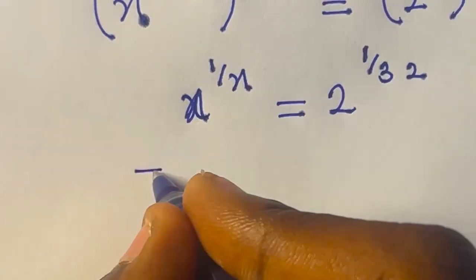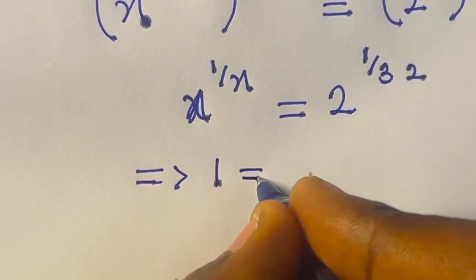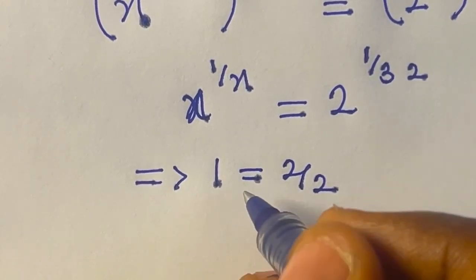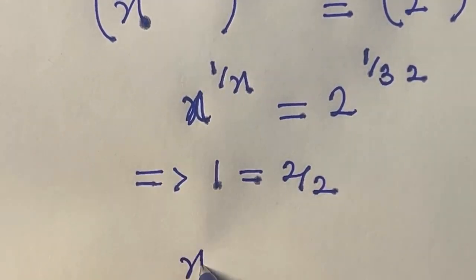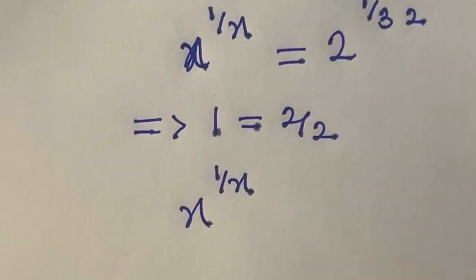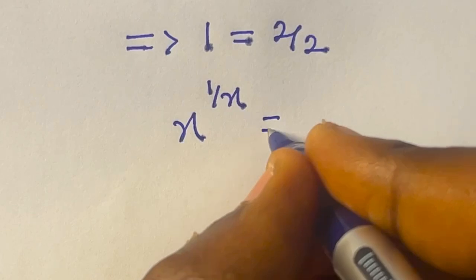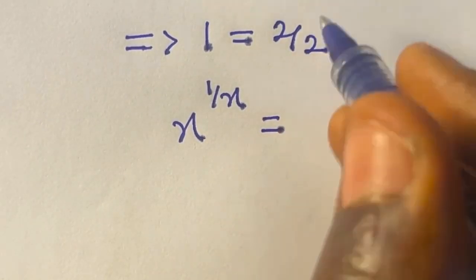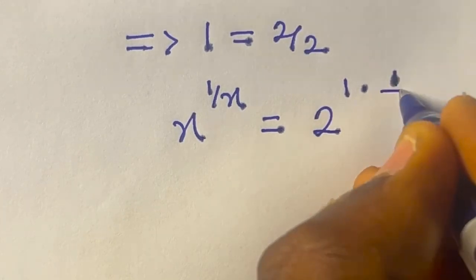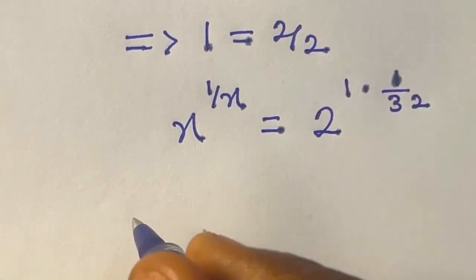But there's something you should know, that if you say 1, we can express this as 2 divided by 2. So now we have x raised to power 1 over x equals 2 raised to power 2 divided by 2, multiplied by 1 divided by 32.